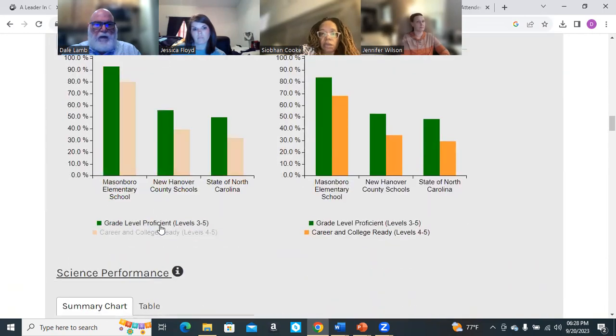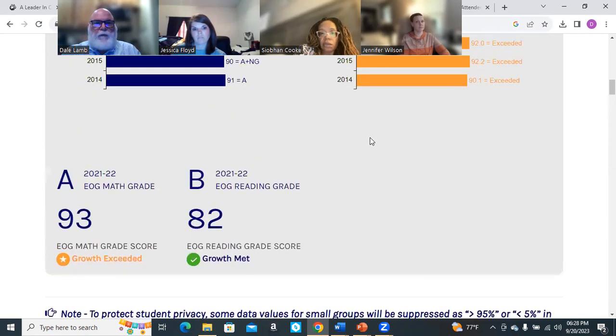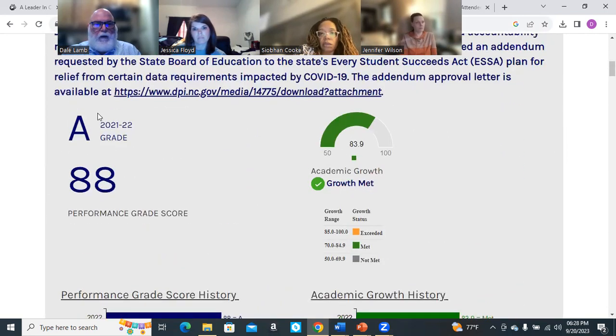This is the number of kids that are proficient, 70% or better. And here's their composite score right here. They're an 88 A. The performance grade of the school is the combination of the kids at proficient level and meeting growth or not.